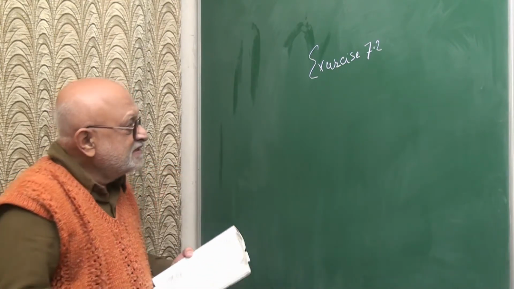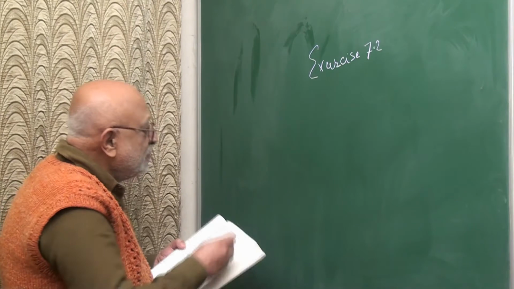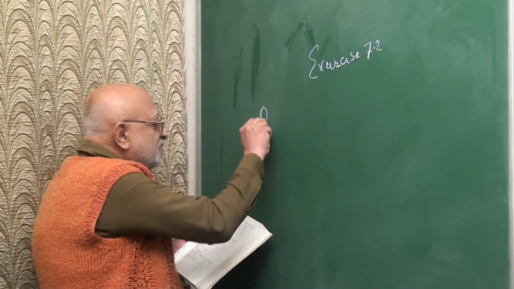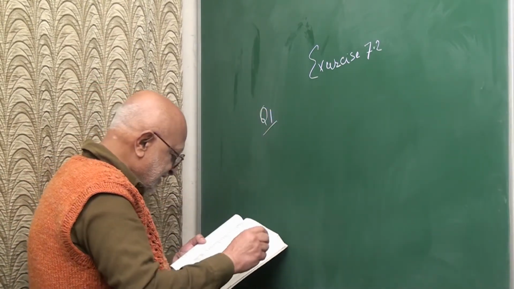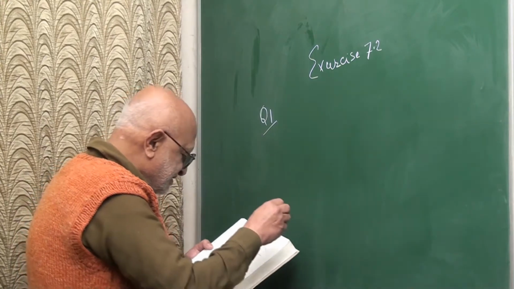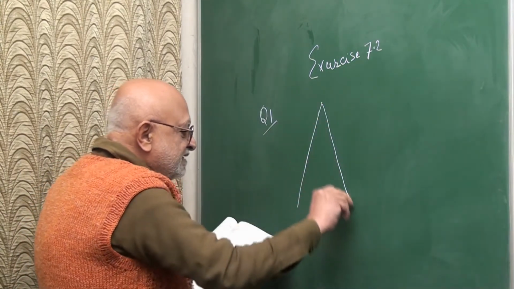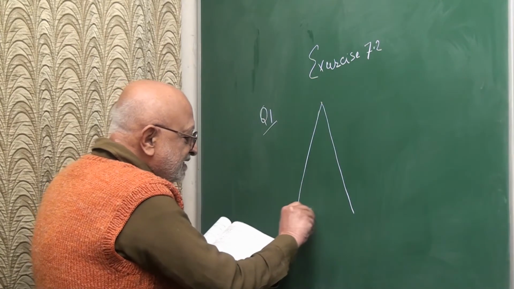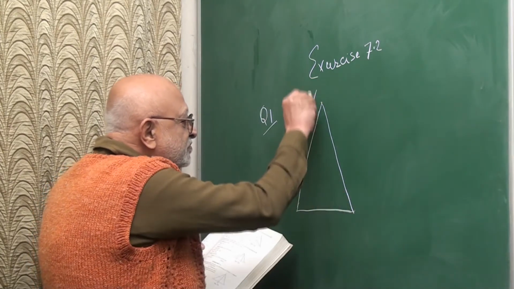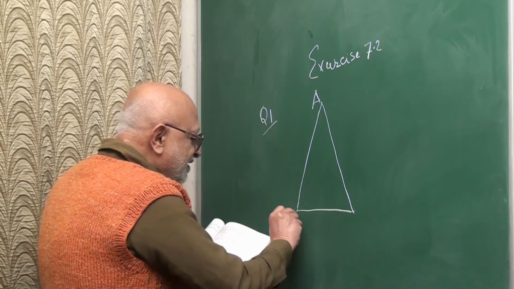Okay, this presentation. So let's start with question number 1, that says in an isosceles triangle ABC. Once you say it is ABC, you don't have to write anything further.